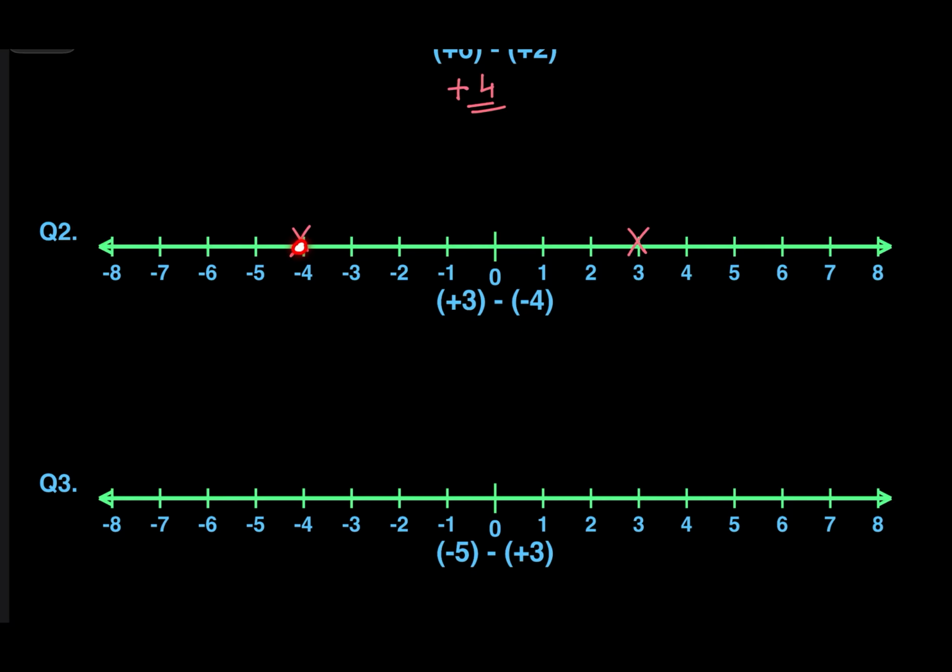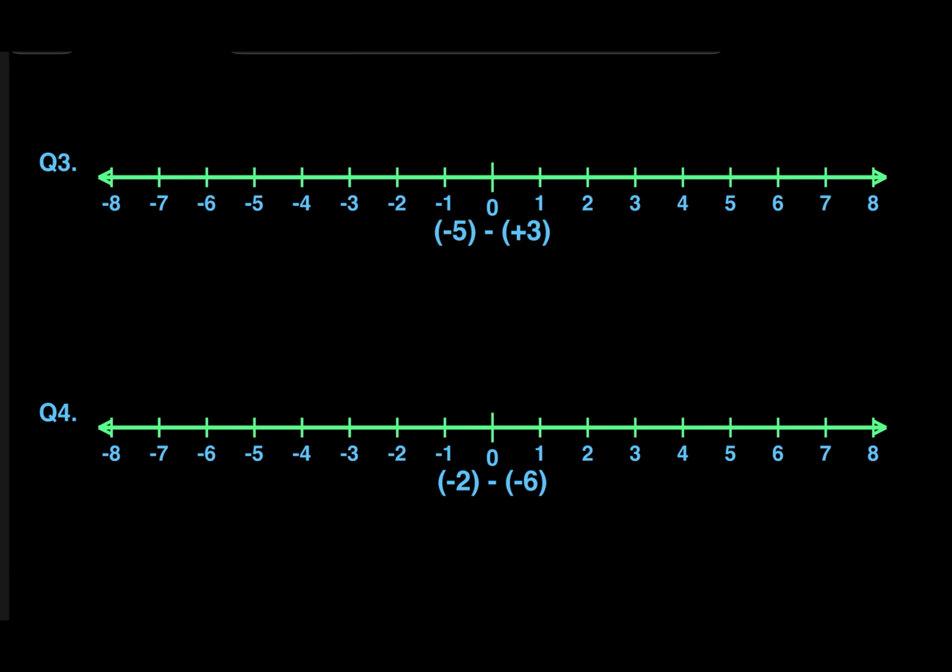From here, you start jumping towards the other marked integer. How many jumps? 1, 2, 3, 4, 5, 6, 7 jumps you took. So you can show it like this. 7 steps you did towards the right, and so it is positive 7 is the answer.